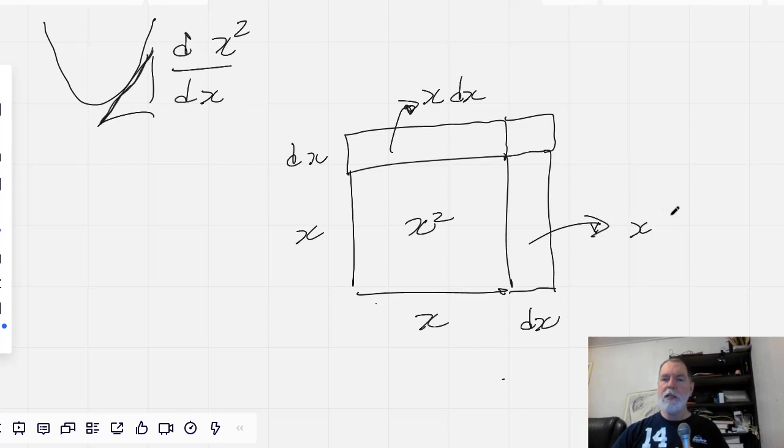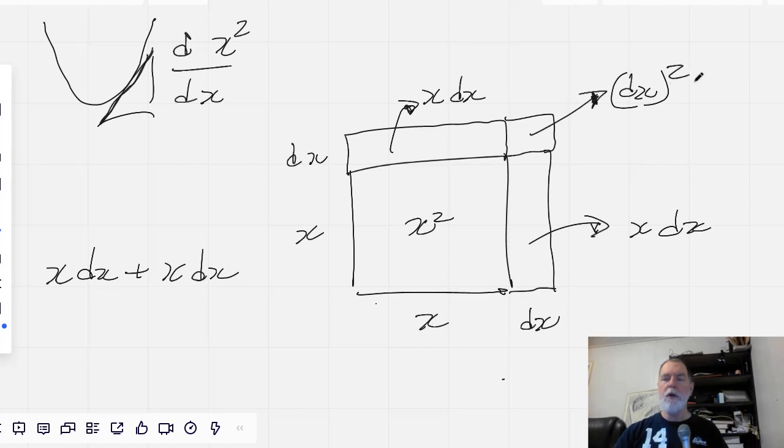This is going to be x times dx. All right, so let's add these two together. x dx plus x dx. All right, and the area of this bit here is dx times dx, so it's dx squared. All right, so let's add that, plus dx squared.